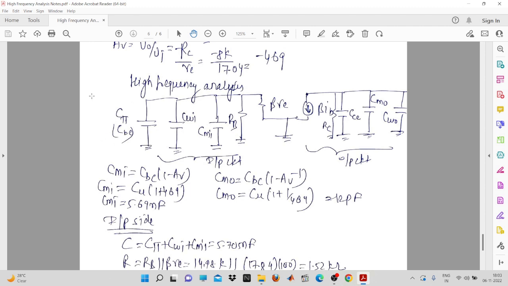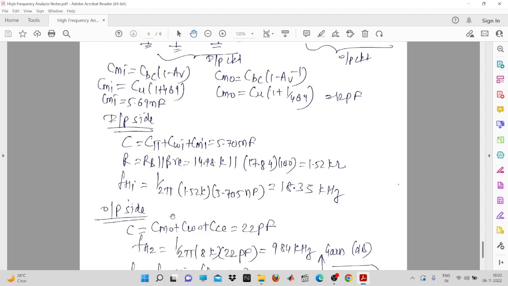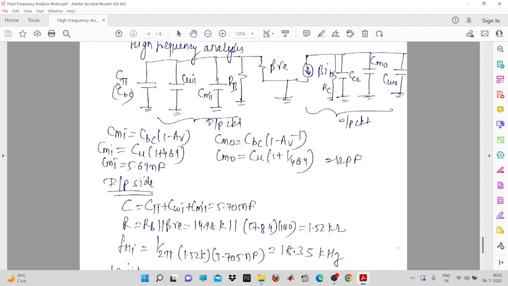And CBE, this one is the diffusion capacitance. This is the capacitance between the base and emitter, and it is going to exist when you apply a forward biasing to the base and the emitter. Now on the input side, you can see all these capacitances are in parallel, so you just have to add all the capacitances, that is C pi plus CWI plus CMI.